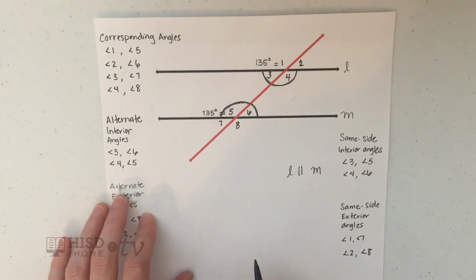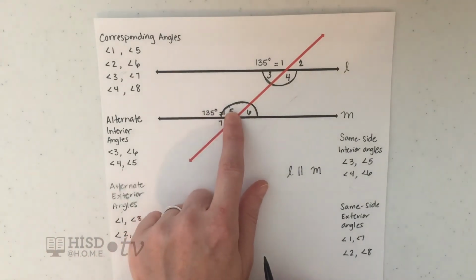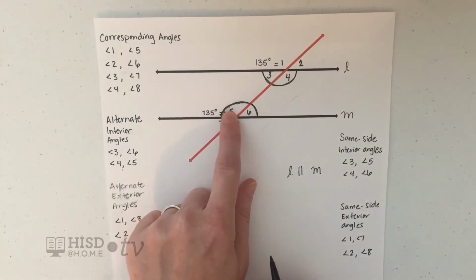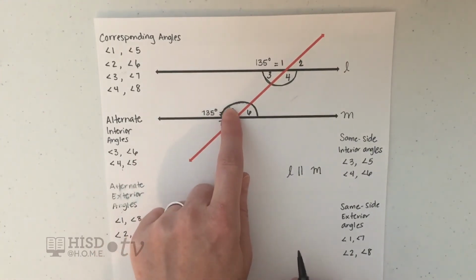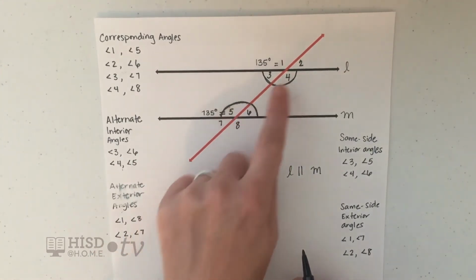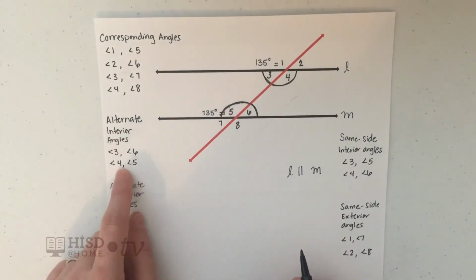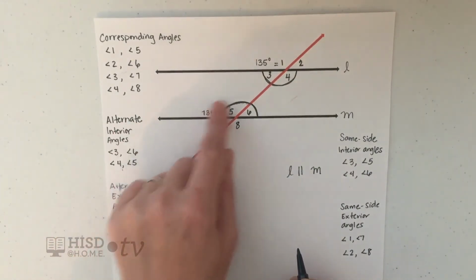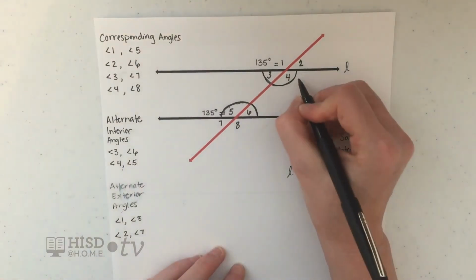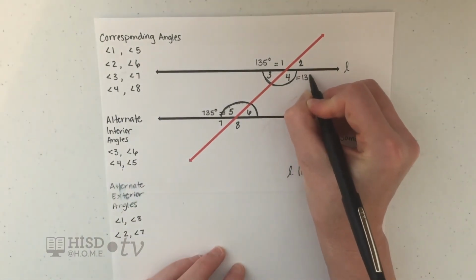Now, I also know that angle 5 is an alternate interior angle to angle 4. And we know that alternate interior angles are congruent, which means that angle 4 must also be 135 degrees.